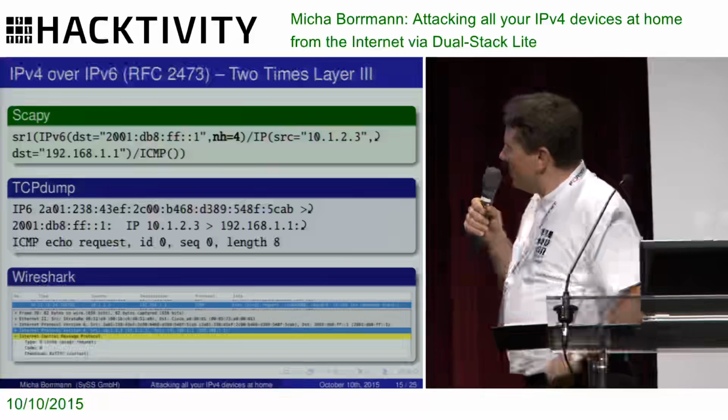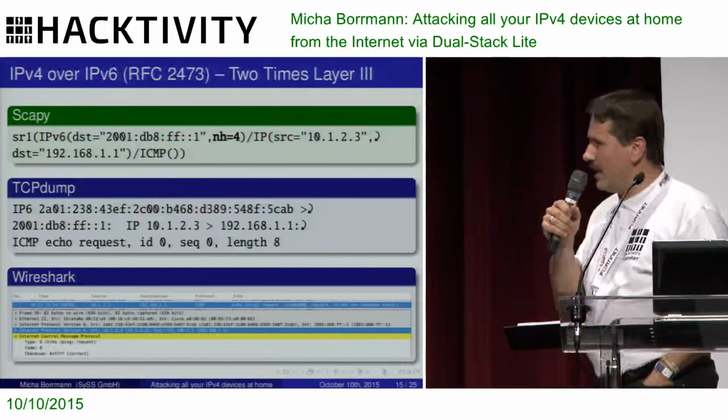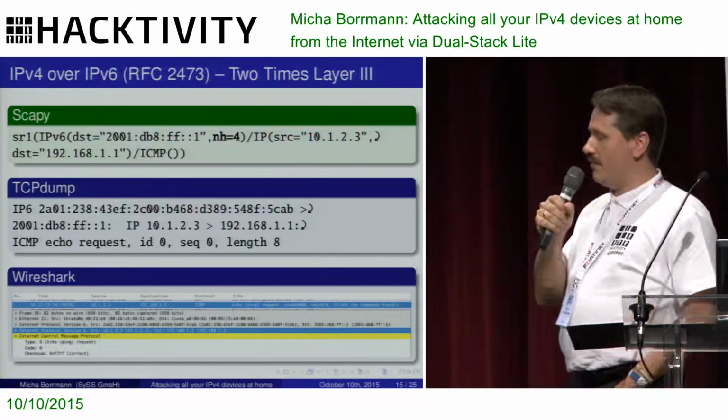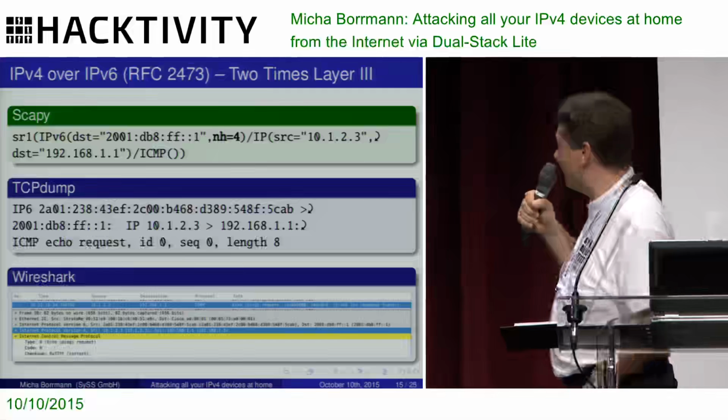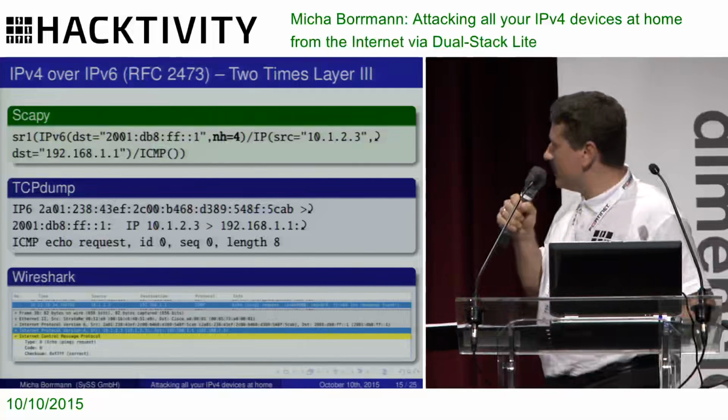It's a little bit strange if you see it the first time, then I have 2 times layer 3, and you can combine it. You can have layer 3 3 times, 4 times, whatever. It's possible in general, but it's a little bit strange.